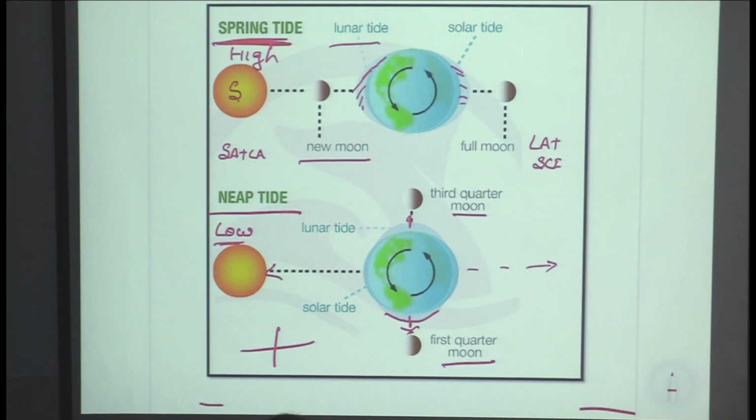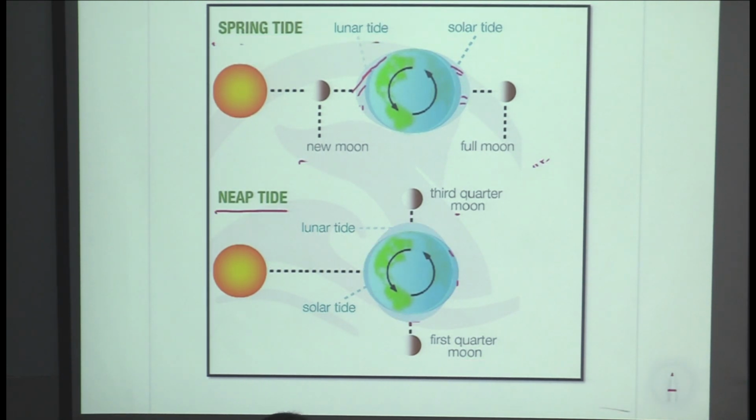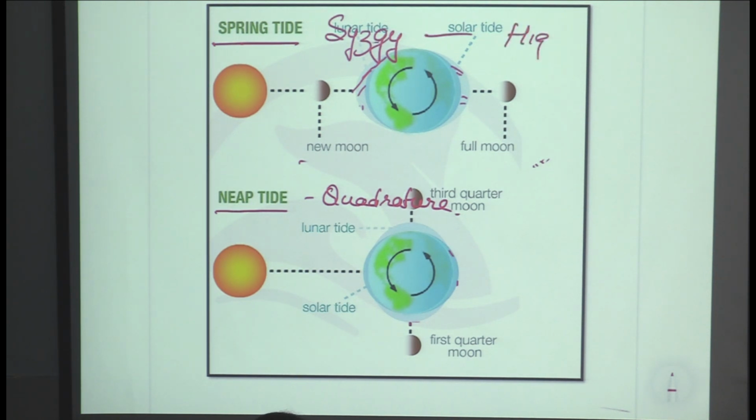Lunar attraction, centrifugal, solar attraction, centrifugal. Neap tides are quadrature tides. Spring tides are syzygy tides. Spring tides are always high tide. Neap tides are always low tide.